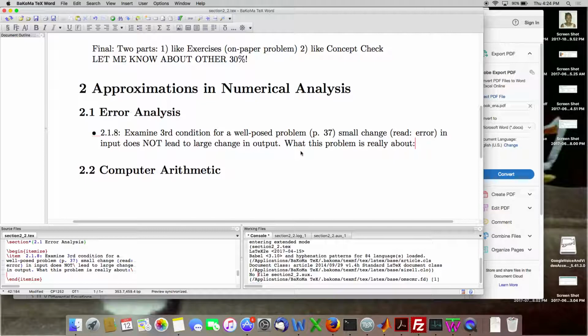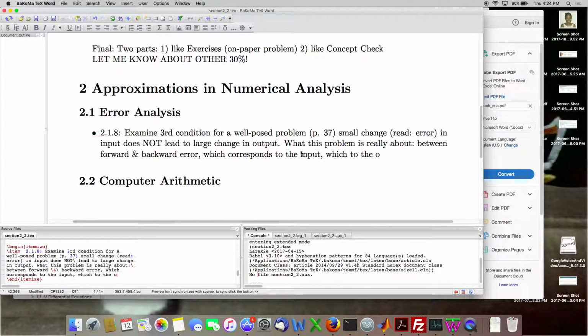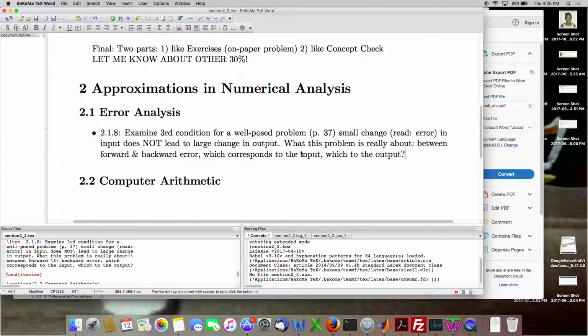Between forward error and backward error, which one corresponds to the input, which to the output? It's really about making sure you understand what forward and backward error represent. As long as you have that straight, the answer to the question emerges from that.